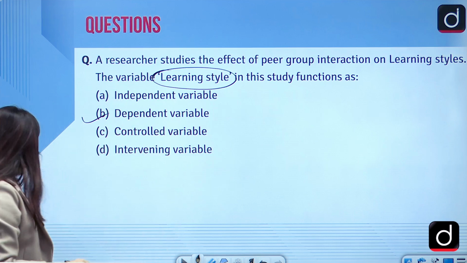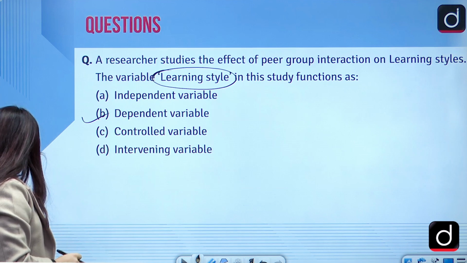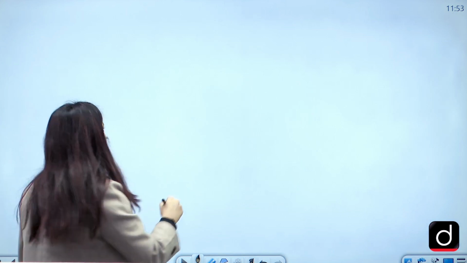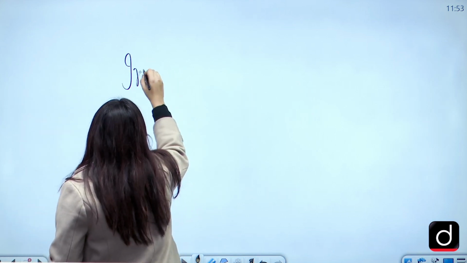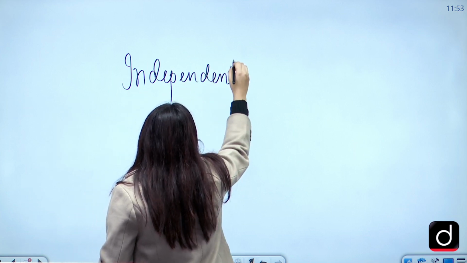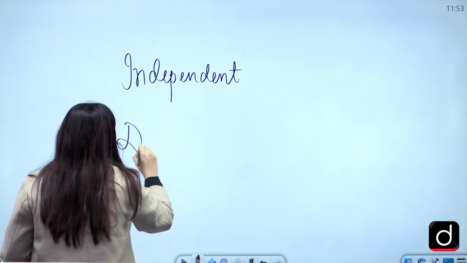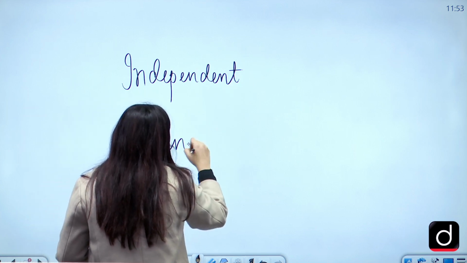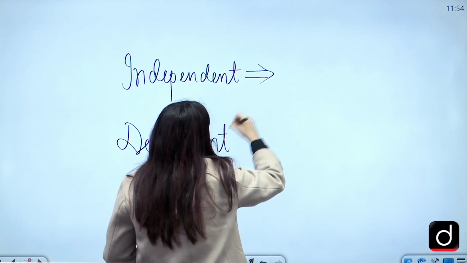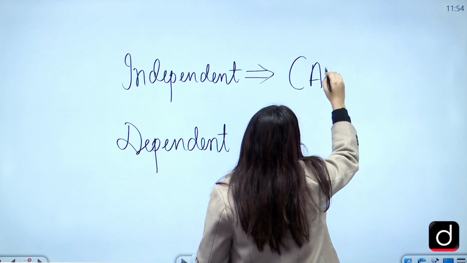Correct? So, before even reading this very thing, let me just tell you in simple terms what is independent variable and what is dependent variable. When we talk about independent variable, it is the one which is known as the cause of something.